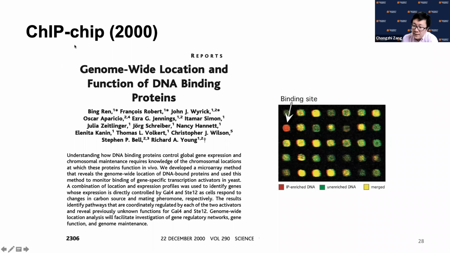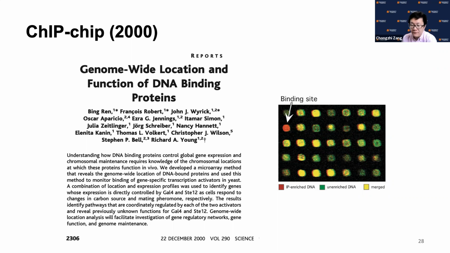As I just described, there are obvious limitations for microarray technologies. One important limitation is that you need to have pre-designed probe sets to probe the target DNA. It's not a completely unbiased way to detect the whole genome.